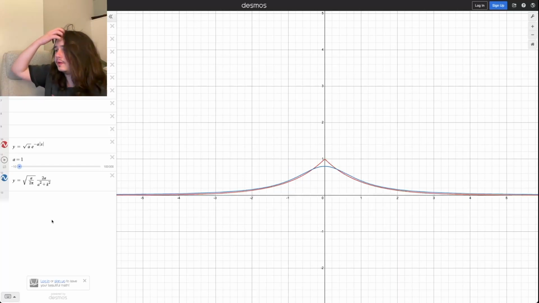All right, so right here on the screen, I've got the wave function psi of x in red. You can see that it's an absolute value function because it has a sharp peak at x equals 0. And in the blue, I have phi of k, which is the wave function in momentum space.